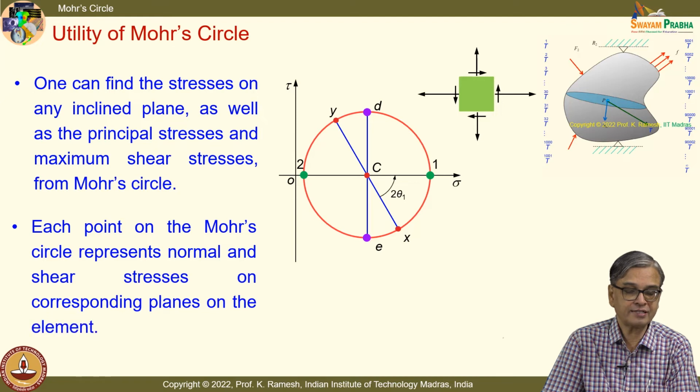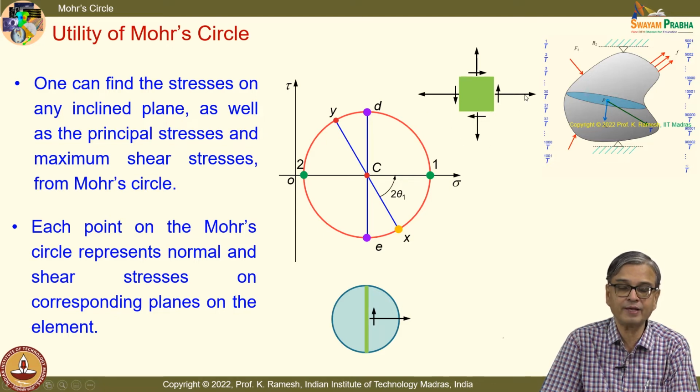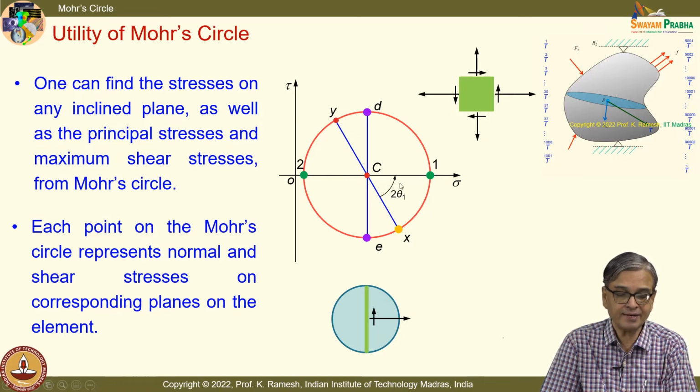And what you need to understand is, I take the plane x, this is the stress tensor that is given to you. Stress tensor is given with respect to xy direction, they are mutually perpendicular. So, if I take a x plane here, I have a normal stress and the shear stress which can be culled out from the Mohr circle.